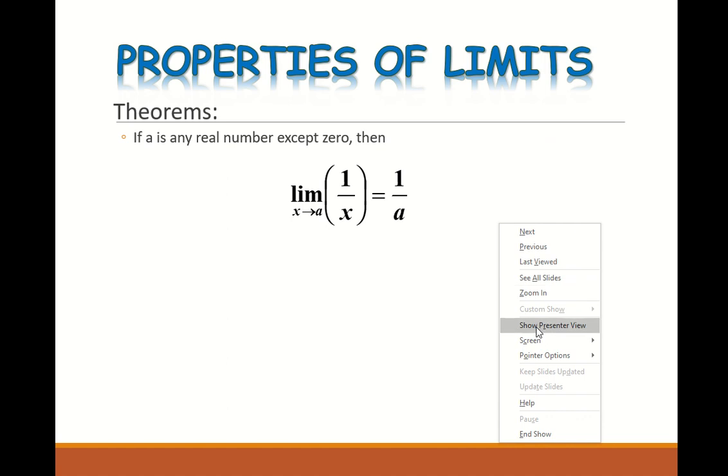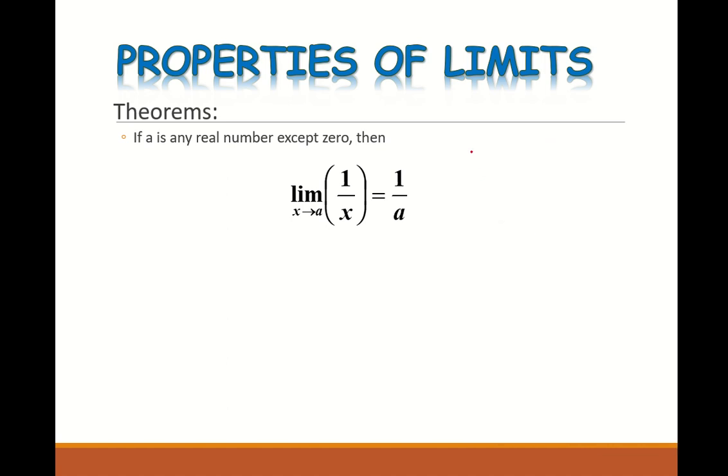Okay, so for example, if we have the limit of 1 over x as x approaches 5, therefore we have 1 over 5.